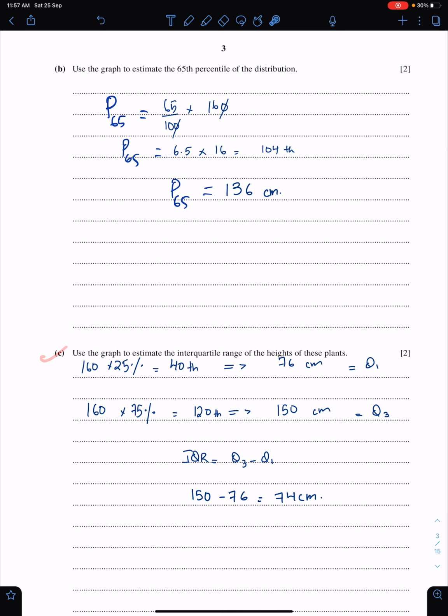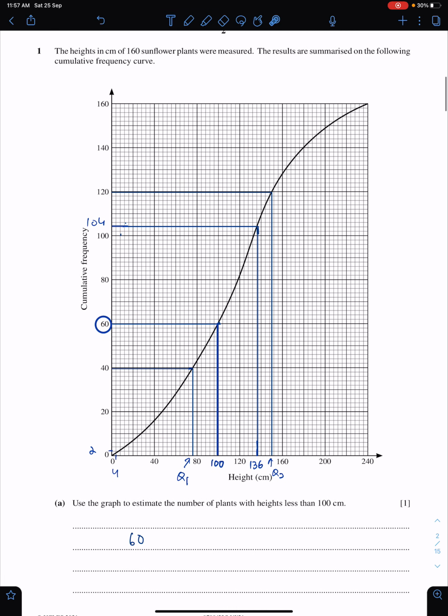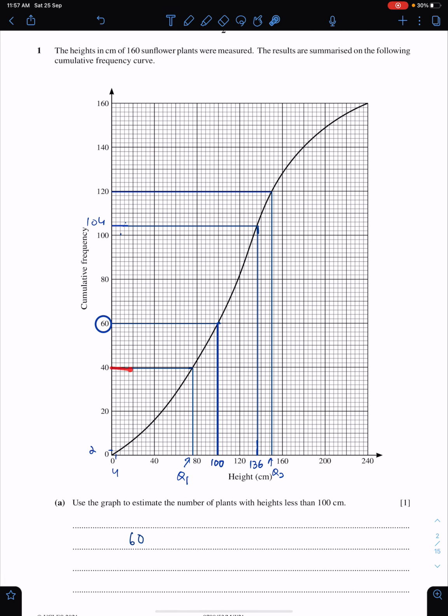Part C. Use the graph to estimate the interquartile range. This is so simple. For Q1, we need to find 25% of the 160th observation. So 25 percent of 160 is the 40th observation. Therefore, the 40th observation will be Q1, which is 76.